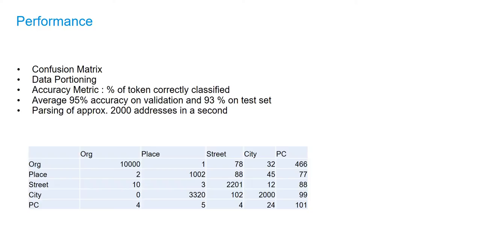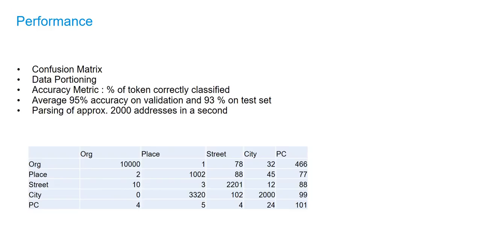And the throughput, or the TPS, was 2000 addresses, so the machine learning system was able to parse 2000 addresses in a second. And this confusion matrix is not the real matrix, it's just an example.